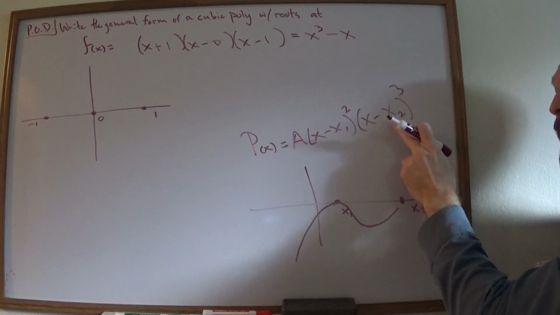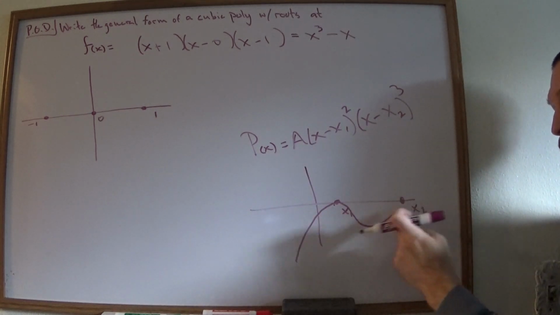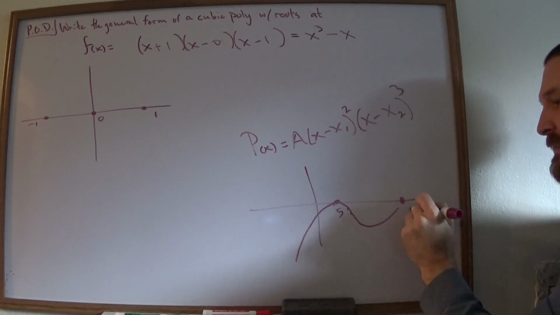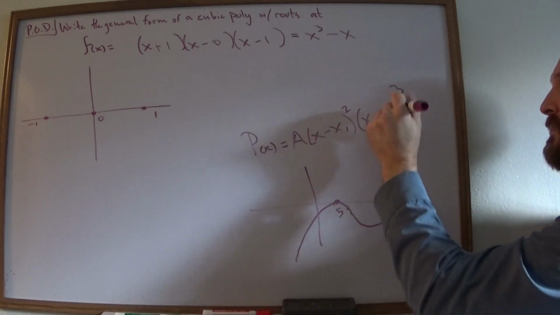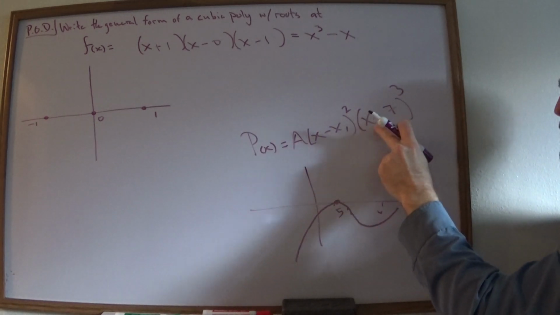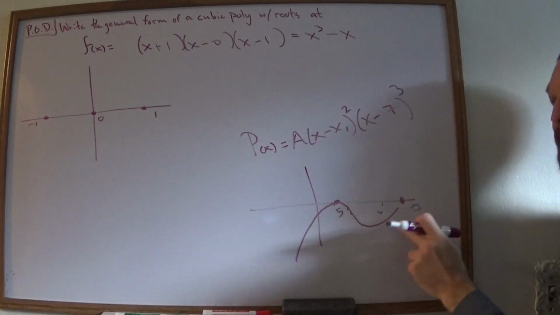And we know that if it's odd, then when you pass through x2, so let's say this is a 7, when you're over here at 6, you have 6 minus 7 is a negative number, and then the cube keeps it negative.